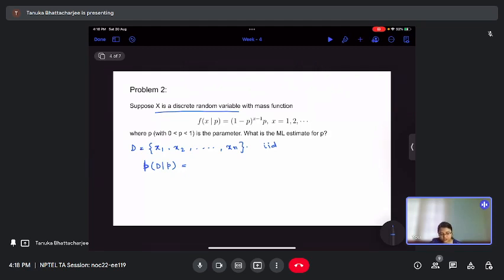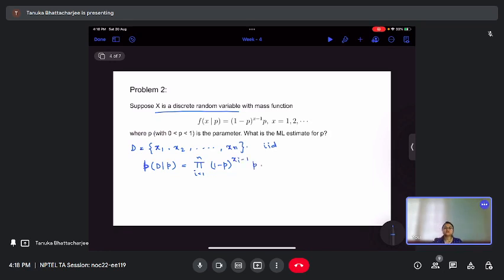Now since all these x1, x2, xn are independent, to get the joint probability we can simply take the product. So the likelihood of this data set, or the probability of observing x1 to xn given that the parameter for this distribution is p, is given by the product of i equal to 1 to n, 1 minus p to the power xi minus 1 into p.